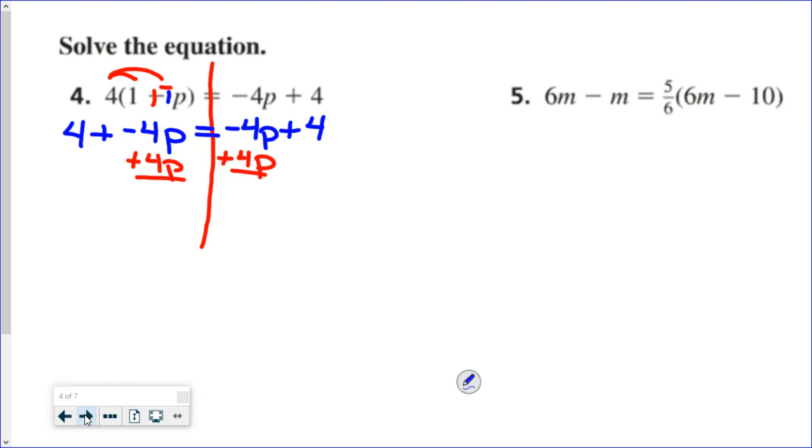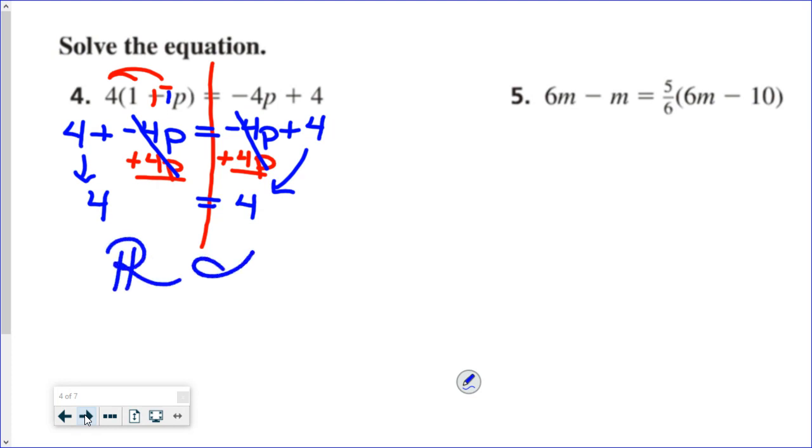That's interesting. Well, I still have this 4. I have 0 p's left on both sides, but I have a 4 here. Then I think, does 4 equal 4? You can either write that snazzy all real numbers or infinite. I'll take either one, but that means any number I put in for p will actually work. The left and the right side will actually equal.